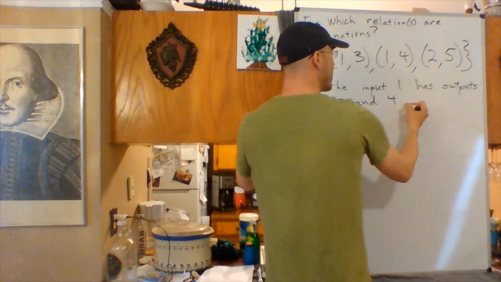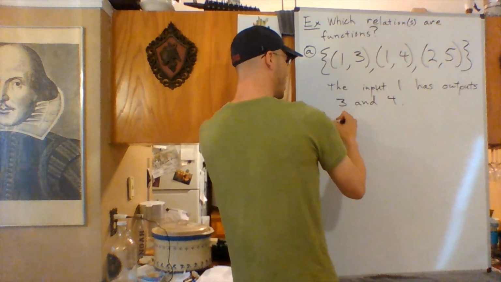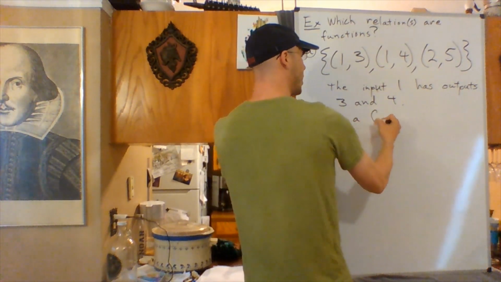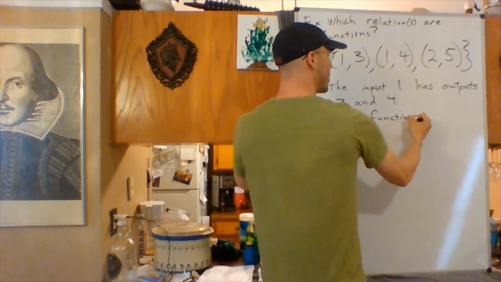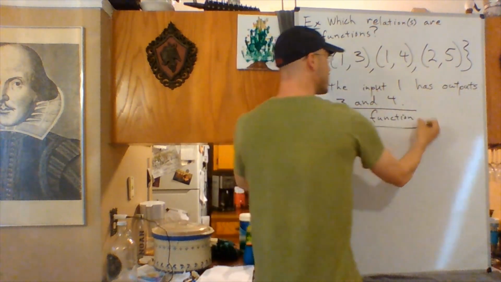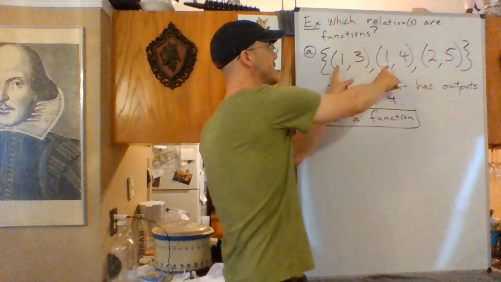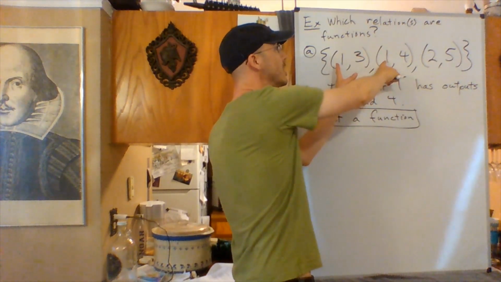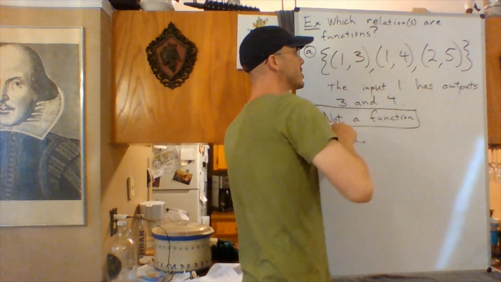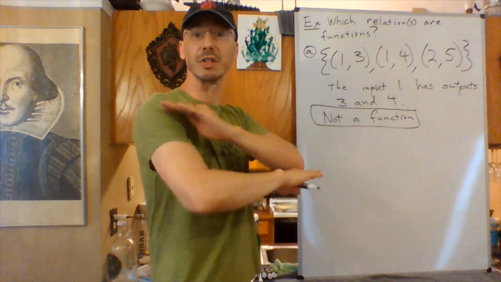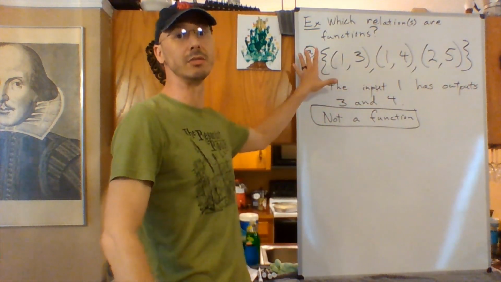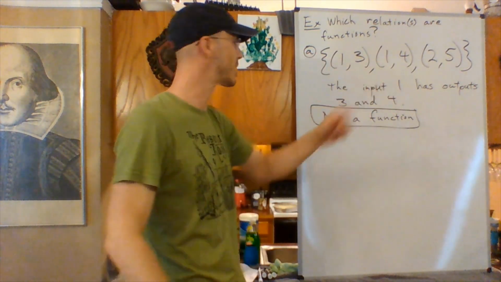So, not a function. And that's my answer to that part of the problem. This isn't a function because this single input, it's the same number, corresponds to two different outputs. That's exactly what a function is not. It's a relation. It's a set of ordered pairs, but it's not a function.